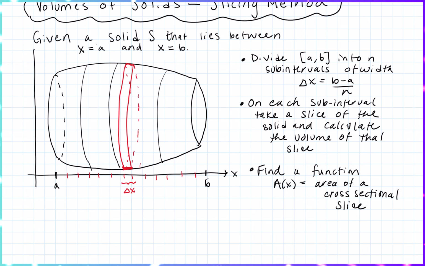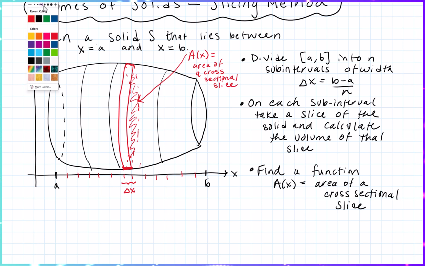I put too many scribbles and I think it thought I wanted to erase. Let's not do as many scribbles. We're going to create, based on the definition of the solid, how the solid is defined by curves within the x and y coordinate system, a formula for the area of a cross-sectional slice.